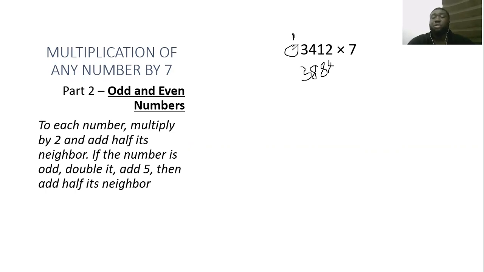So 0 multiplied by 2 is 0. 0 plus half of 3, which is 1, is 1. 1 plus 1 is 2. Okay. So your answer is 23,884.